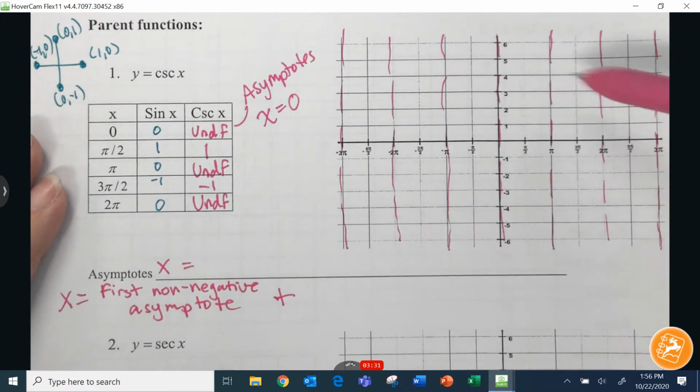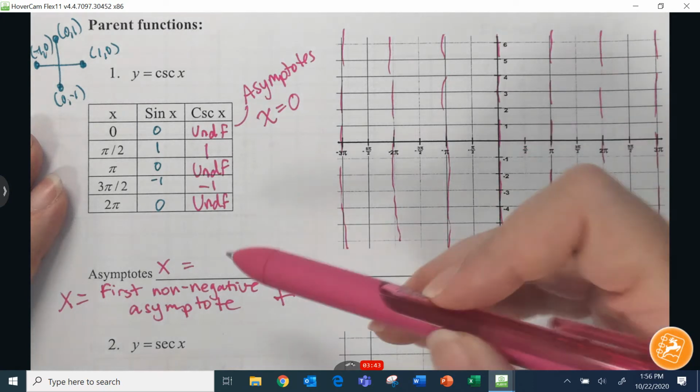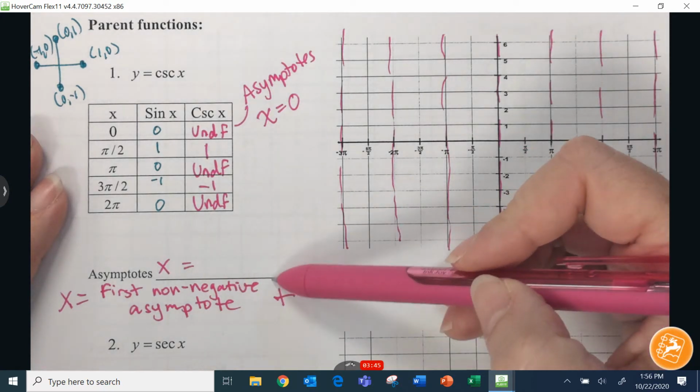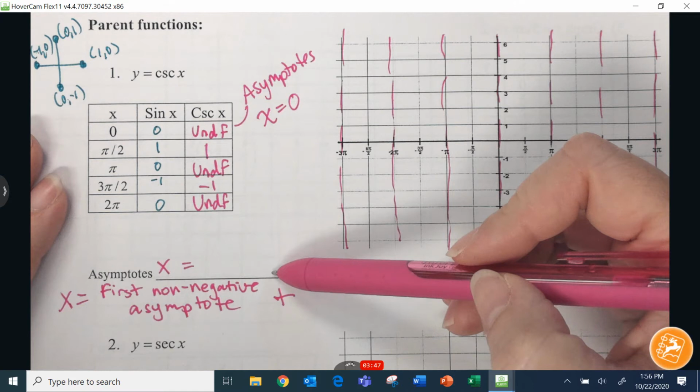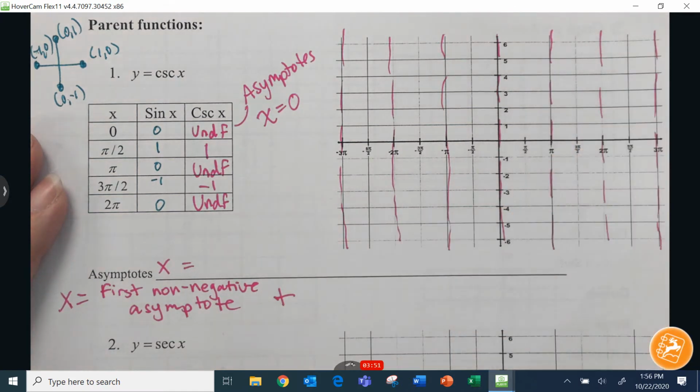So up here, what is our first non-negative asymptote? 0 is the first non-negative. Pi is also non-negative, but 0 is the first. So I'm going to write 0 plus, but 0 doesn't have to be there, so I'm not going to write it, but I am writing it, okay?